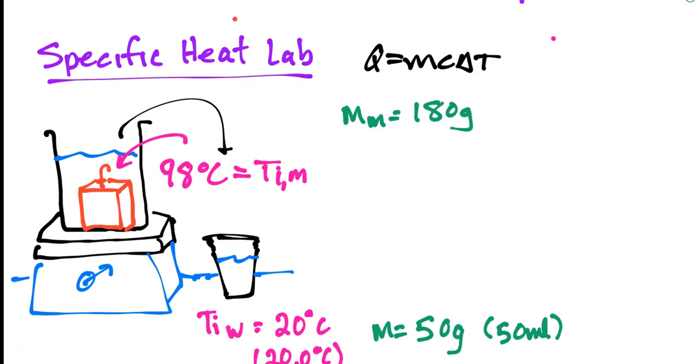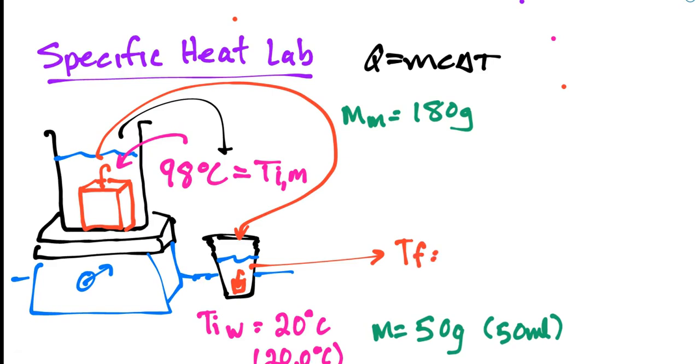What happens? We transfer the metal into the water. The heat from the metal goes into the water, and the final temperature of both of them, we're going to make it up, is 24 degrees.